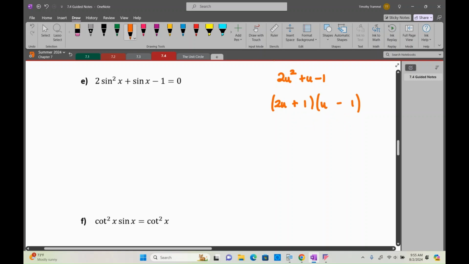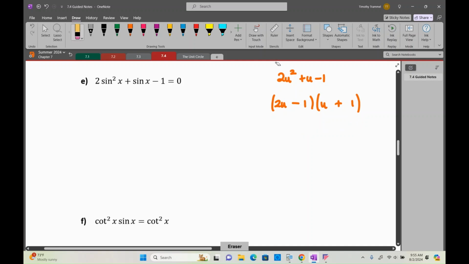If we FOIL this out, we get 2u squared minus 2u plus u. That gives us a minus u, not a positive u, which means this is probably going to get it done right here. So let's check again: 2u squared, 2u minus u is just a single u, and then minus 1 times 1 gives us negative 1.